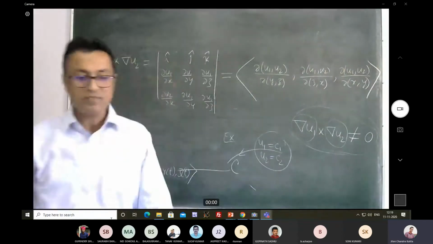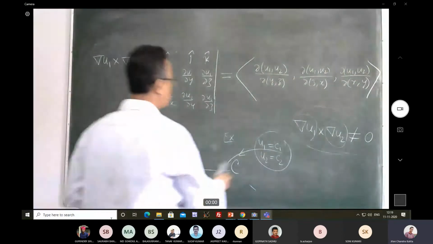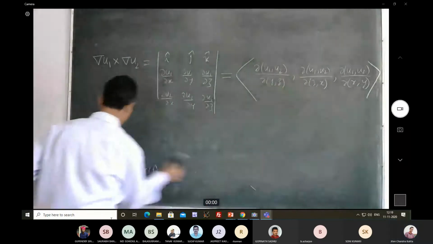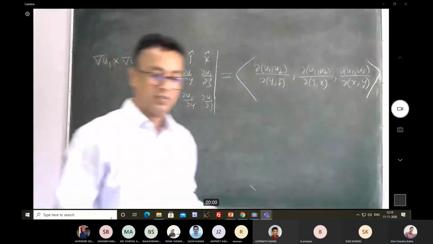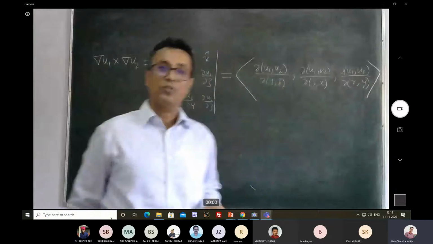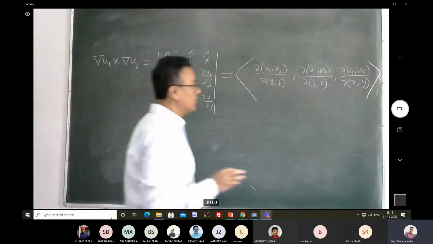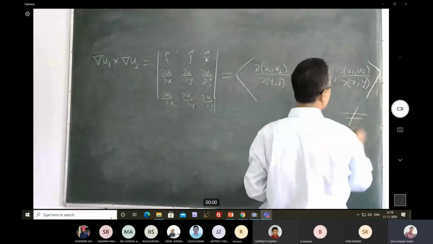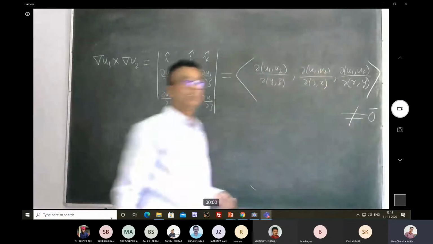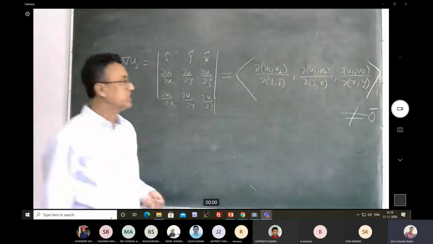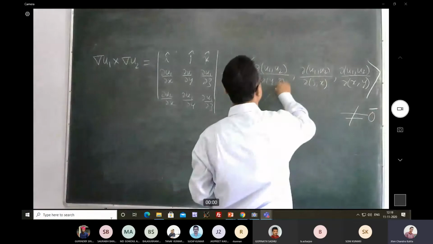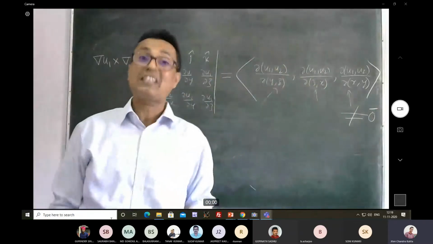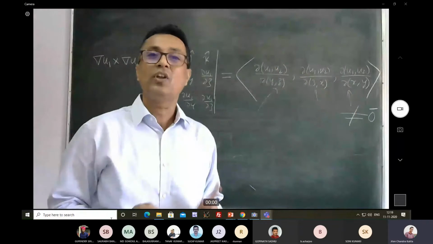Is it okay with everybody? Yes, sir. So now the assumption that this is not equal to the zero vector is going to guarantee me that at least one of those components is non-zero.